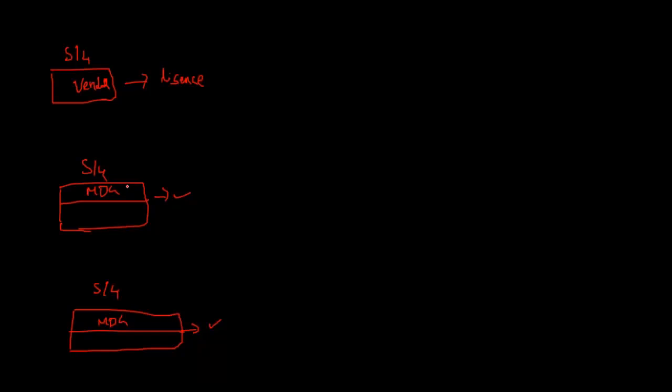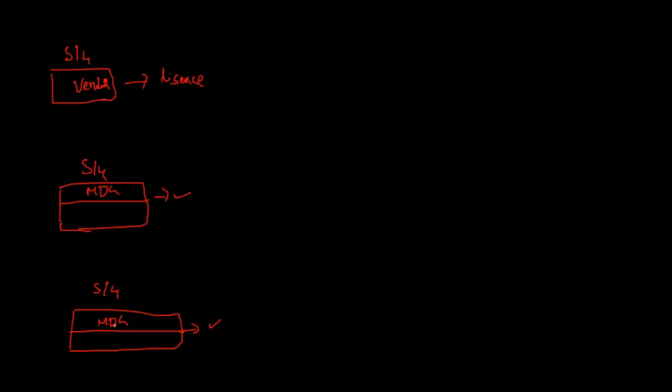So I'm saying, of course you have an S4 HANA box, which has MDG by default in it. There is no license for the product purchase. You're not investing any cost for the product purchase, but you have to get licenses for the implementation of the solution.